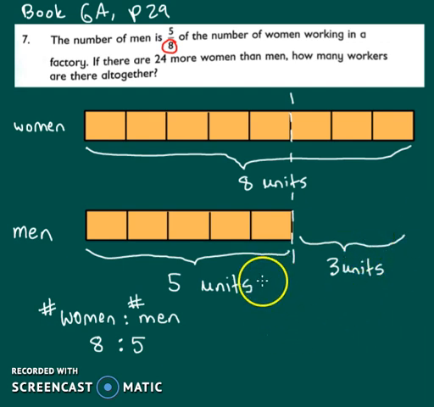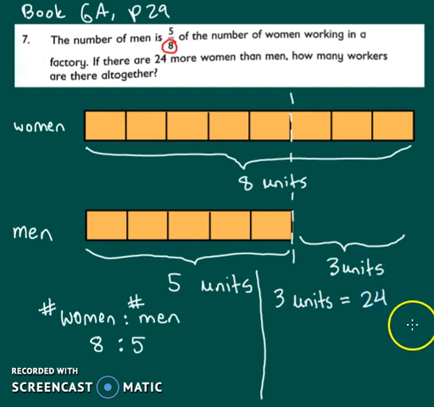And then we are also told that, I'm just going to make a line here to separate our calculations, that there are 24 more women than men. So that's how we know that those 3 units represent 24 people. Now, how many people are represented by 1 unit?